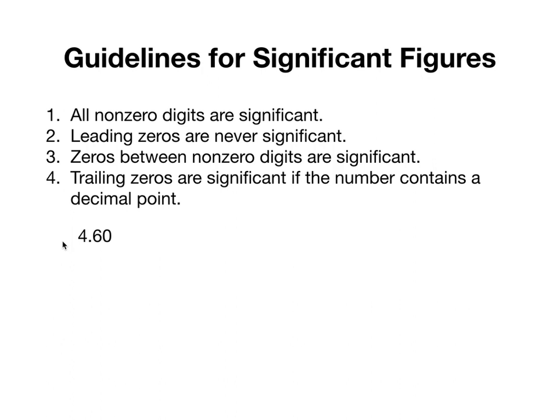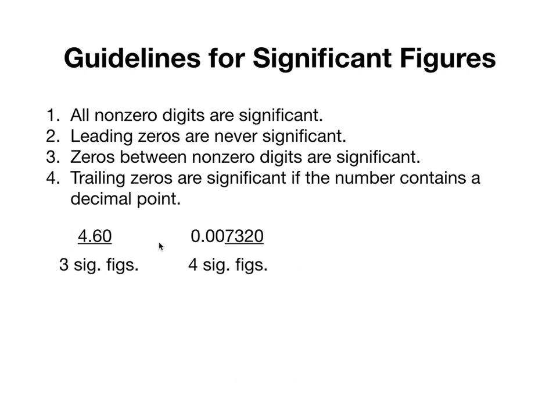There's a decimal, so it's going to be significant. 3 significant figures there. Okay, let's say we've got this one. The 7, the 3, and the 2 are significant for sure. Leading zeros are not significant. Trailing zeros are significant if there's a decimal. Okay, so we're going to have 4 significant figures in this number.